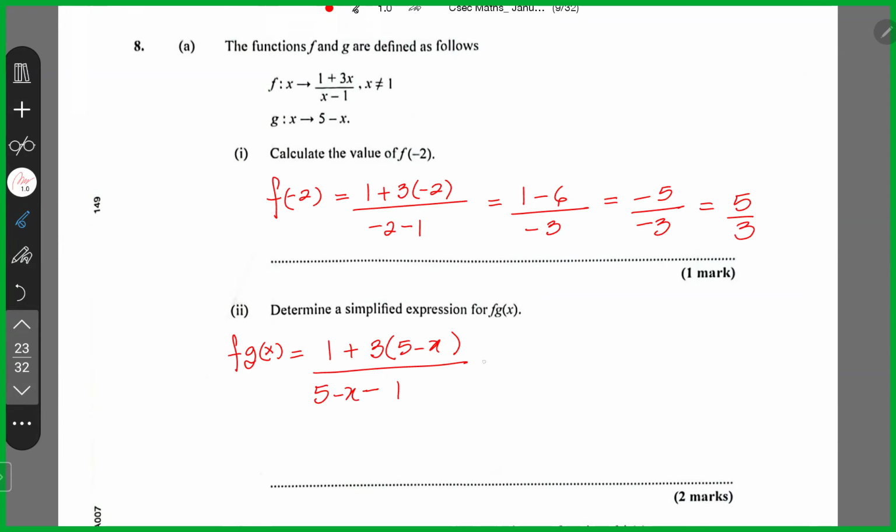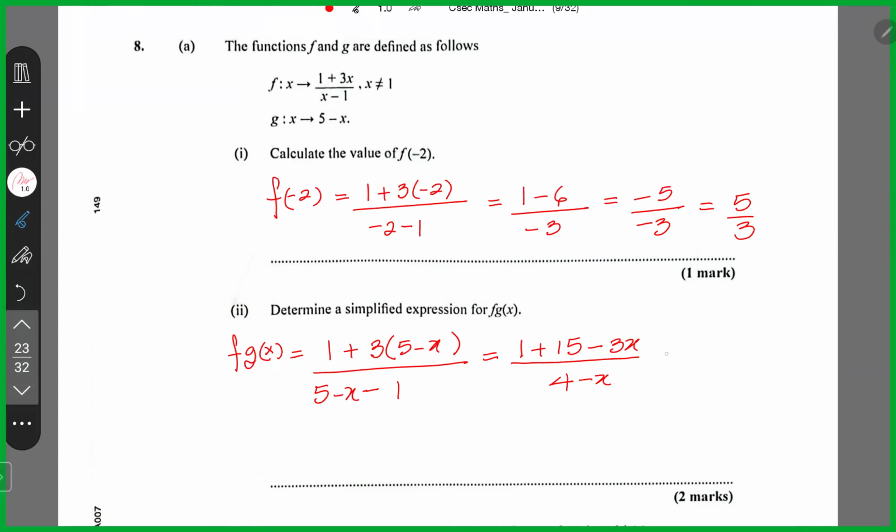And we're going to simplify. To simplify the numerator, I'm going to remove the brackets by applying distributive law. To simplify the denominator, 5 minus 1 is 4, so this is 4 minus x.